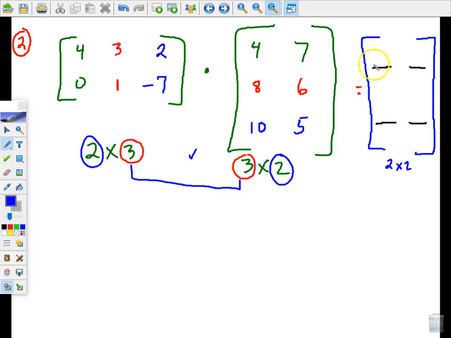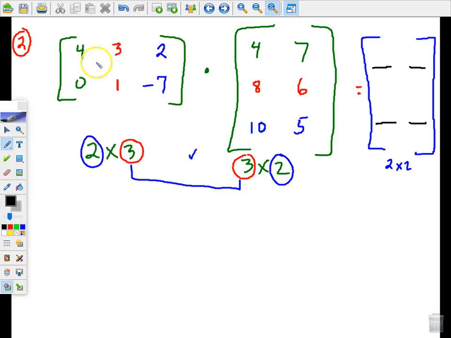Just remember, this element in the product is row 1, column 1. So we're going to use row 1 times column 1. I've got these color-coded for you: first times first plus second times second plus third times third, where you can see green, red, and blue.